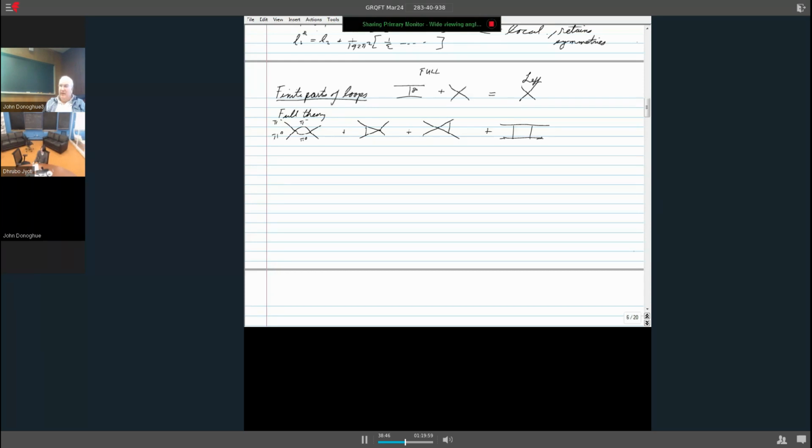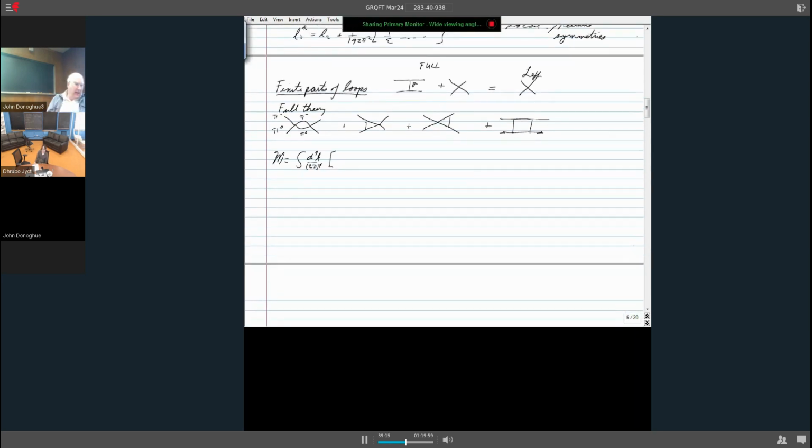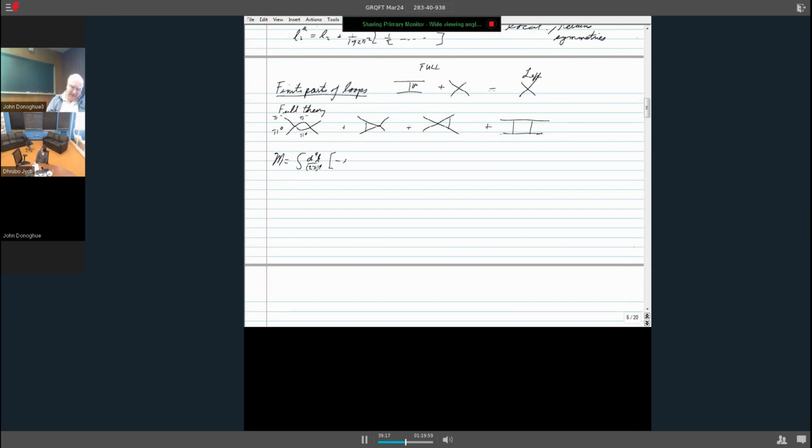Okay. So in the full theory, we do the following. Let me imagine I'm doing the same process, so that I do pi minus pi 0 scattering. There's that diagram. There's this diagram. There's that diagram.